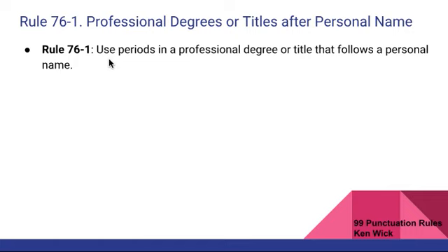Rule 76-1 is use periods in a professional degree or title that follows a personal name. So M.D., this is what the LMEG and the BGGP and the GRM have, but now, just like the last rule, the Merriam-Webster's dictionary is having this abbreviation without the periods.